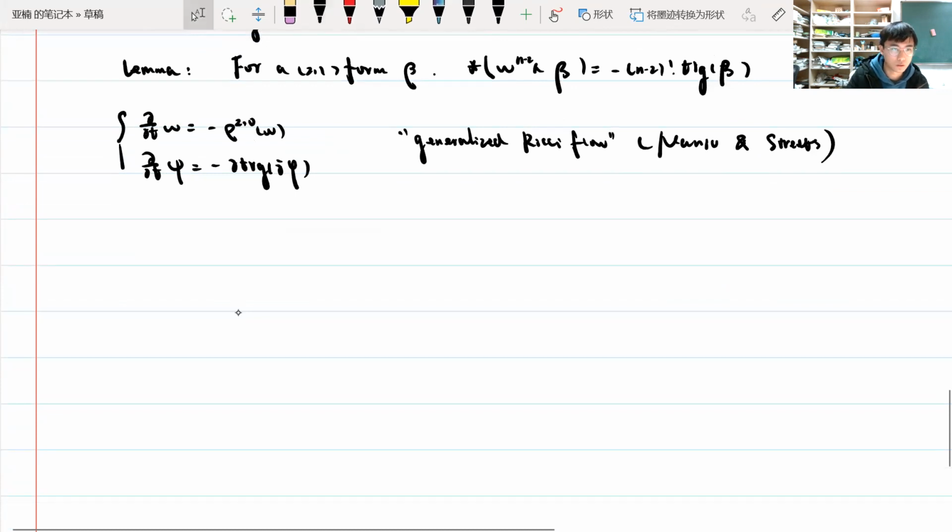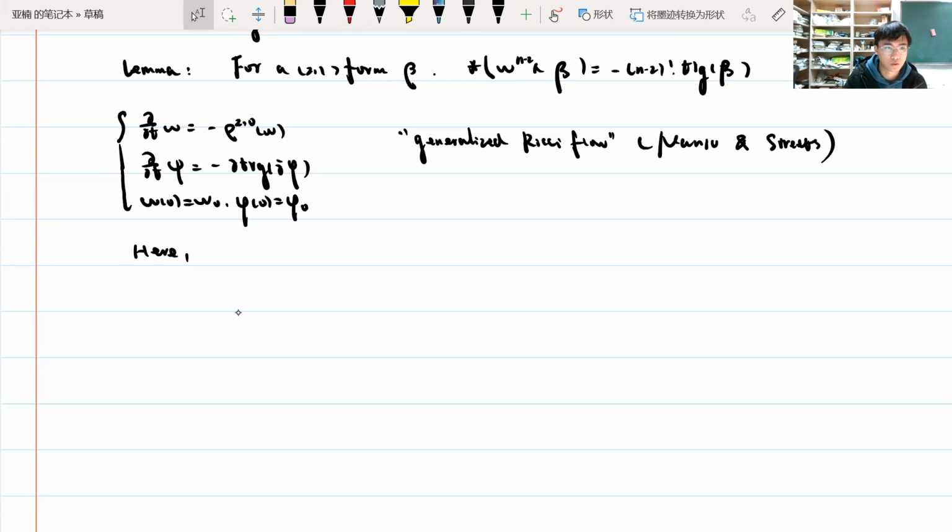Now we can define a flow about Hermitian symplectic forms, where the initial condition phi is a Hermitian symplectic form.